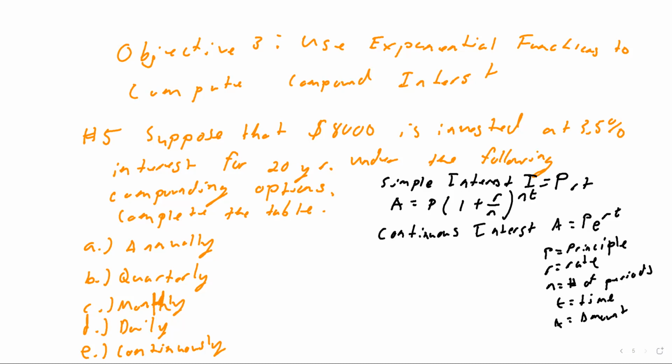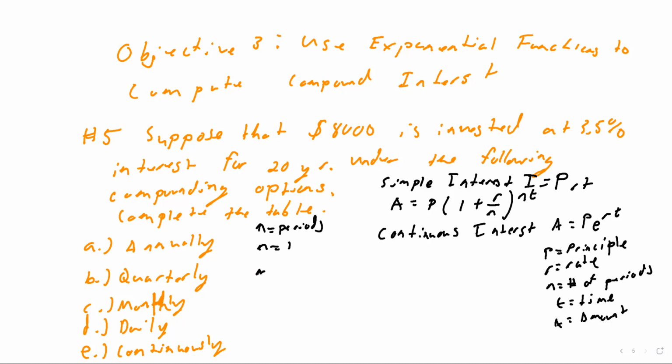All right, so to break this part up, first thing I want to talk about is how many periods there are. So what is my n, which again is periods. If it happens annually, how many times do I get interest? Once. So my n here would be 1.